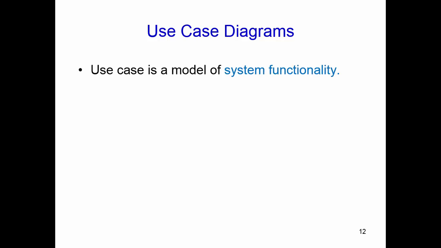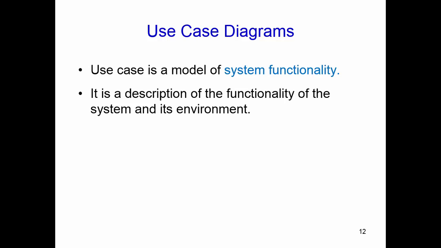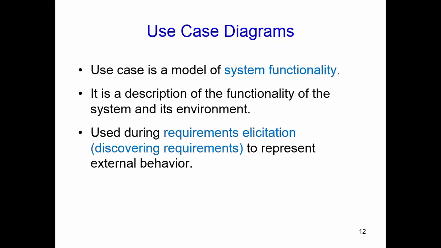So a use case is a model of the system functionality. It is a description of the functionality of the system and its environment. It's used during requirement elicitation, discovering the requirements, to represent the external behavior. At some point, we'll talk about how use cases are linked to the description of your requirements.